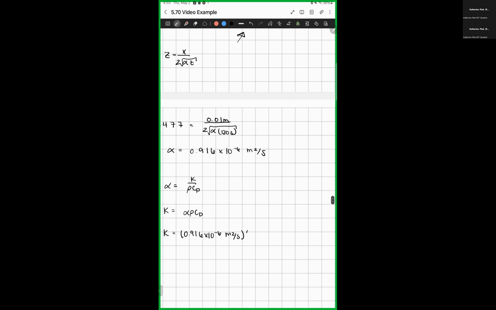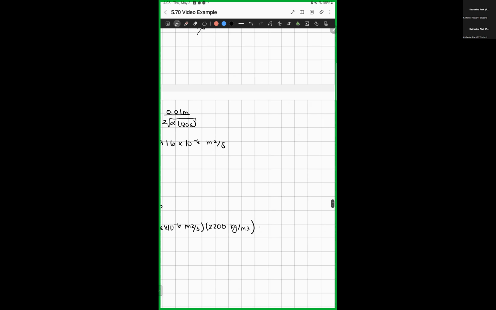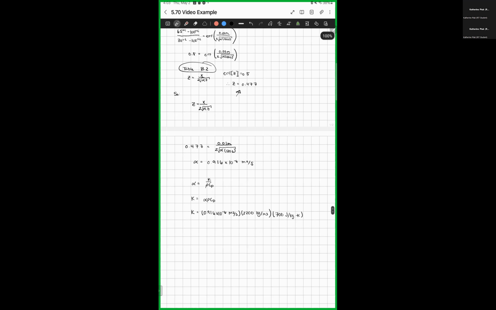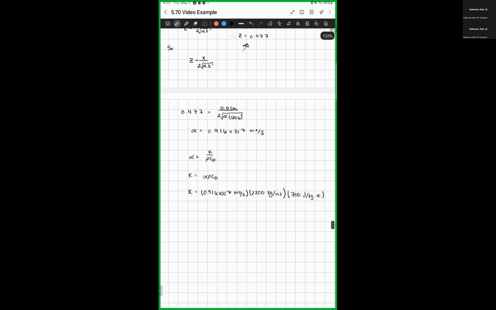We were given density, and we were given specific heat capacity. And then if we just do a little bit of math in our calculators, we get 1.41 watts per meter Kelvin.